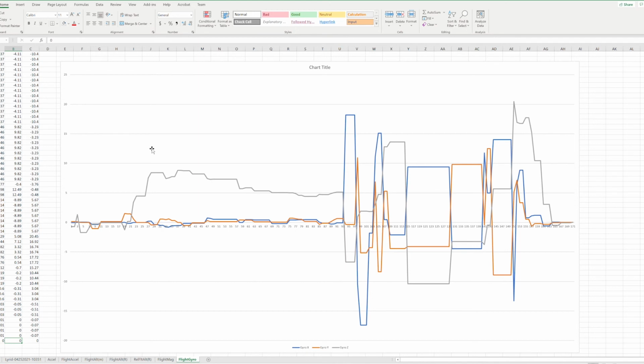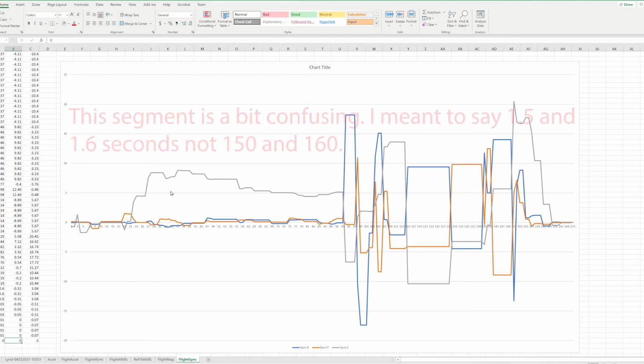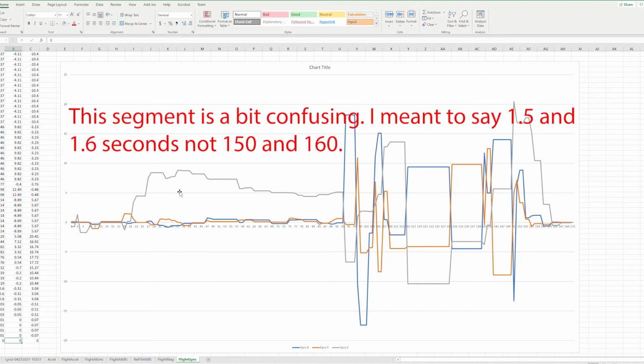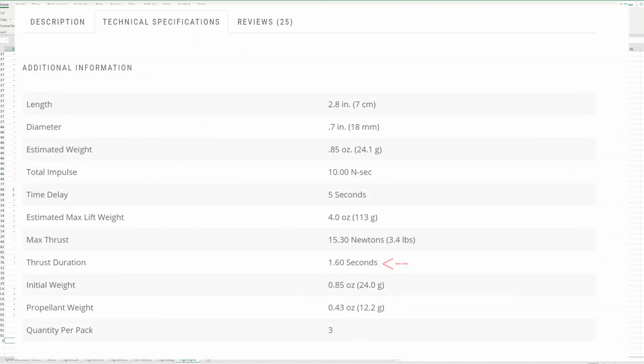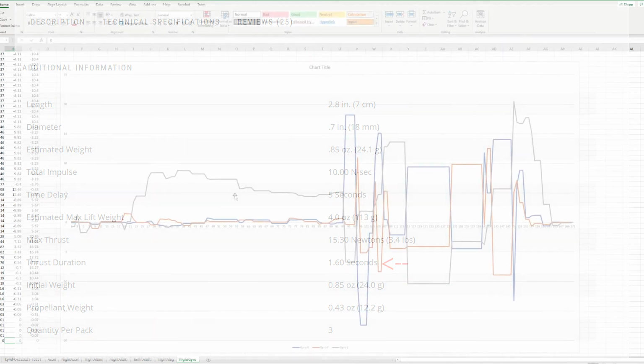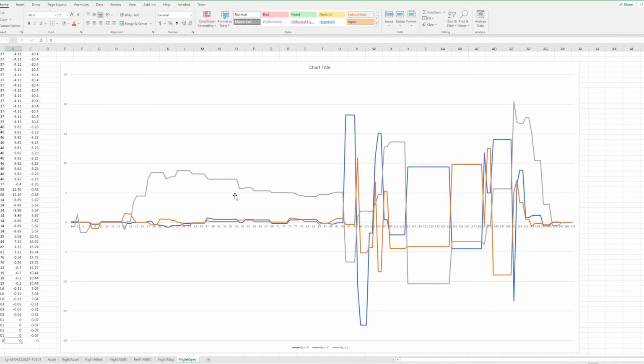We also had asymmetric thrust, but we think that since we rotated so much during the initial thrust segment, that wasn't the reason why we pitched over. Especially since the total thrust duration of the motors is 1.6 seconds, and the amount of rotation we captured is about 1.5 seconds, sorry, not 100 seconds or anything like that.